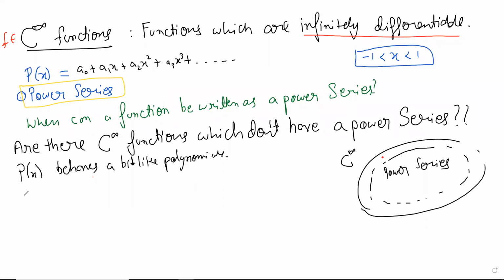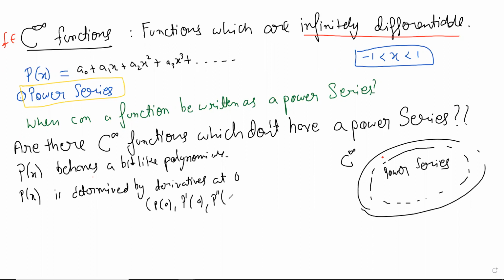But what we can say is px is determined by the derivatives at 0, right? So px is determined by p of 0, p dash 0, p double dash 0, and so on.